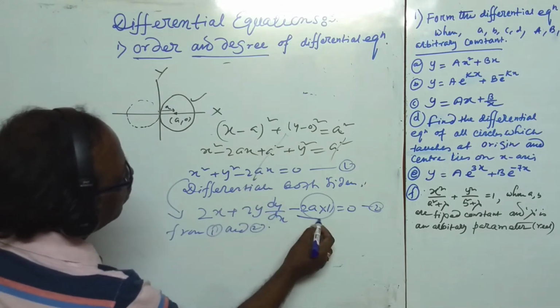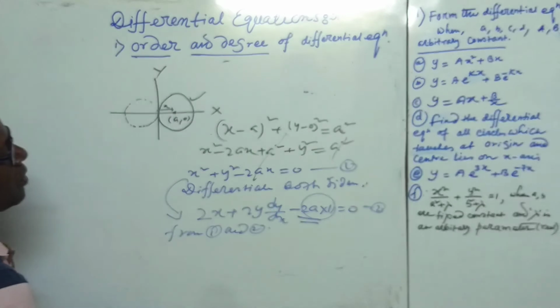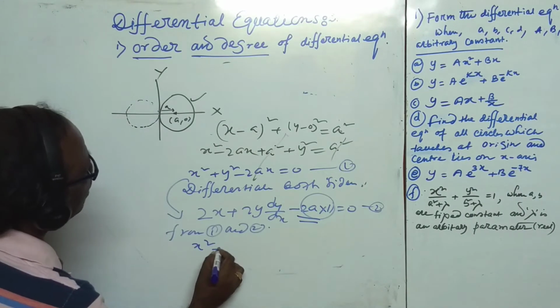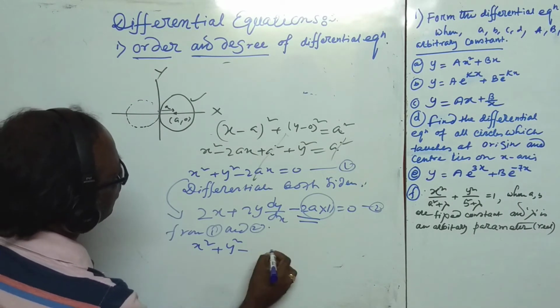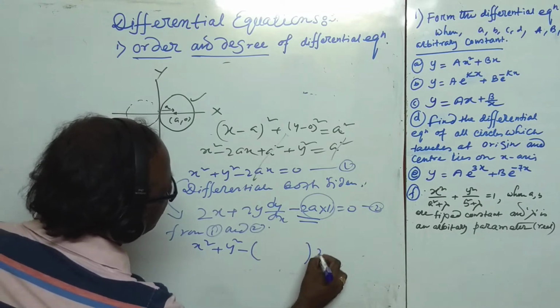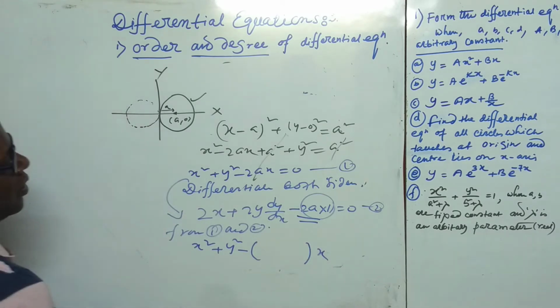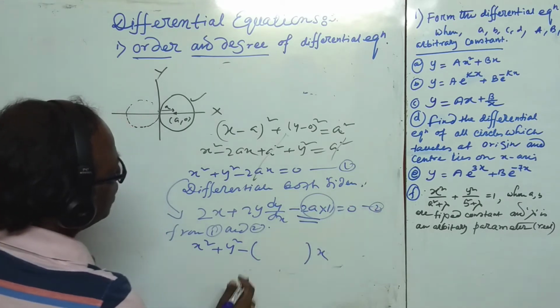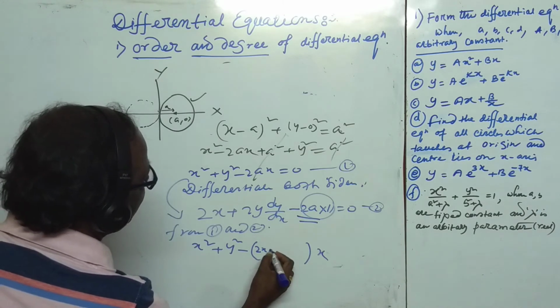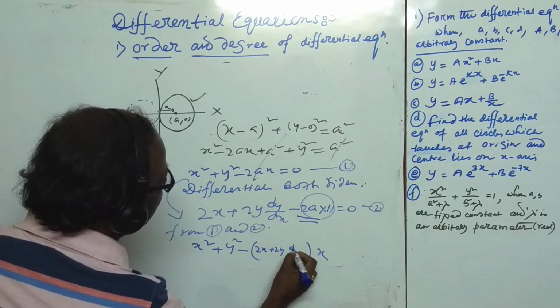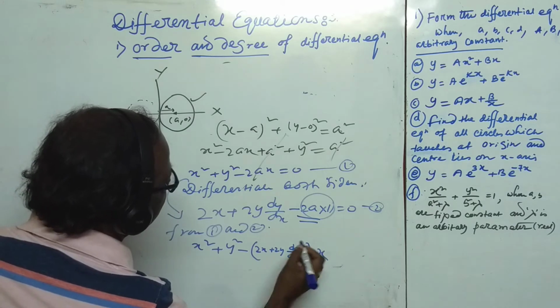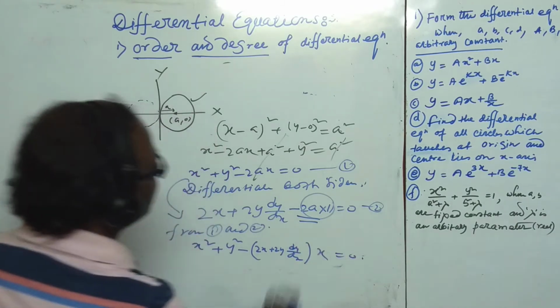We find twice a and put it in equation number 1. So that is x square plus y square minus x into the value of twice a. Transferring to the right hand side, we get twice x, twice y dy by dx equal to 0.